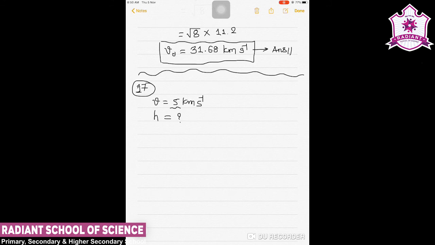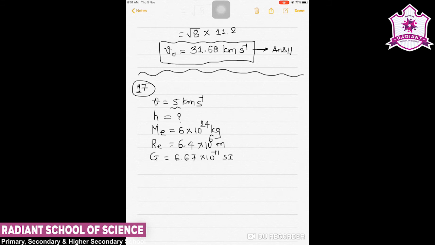The mass of earth is given as 6 into 10 to the power 24 kilogram, and the mean radius of earth, RE, is 6.4 into 10 to the power 6 meter, and capital G is well known, 6.67 into 10 raised to minus 11 SI. So all these things are given.